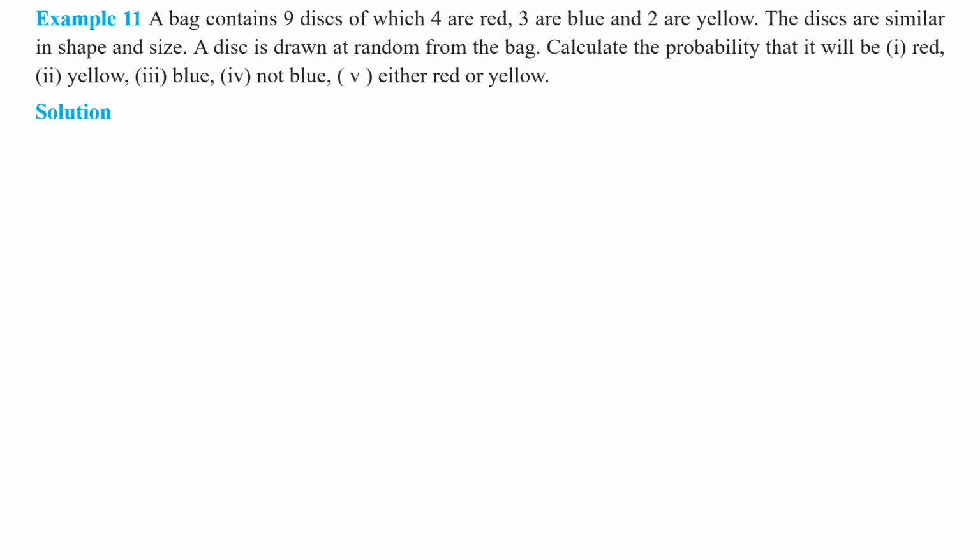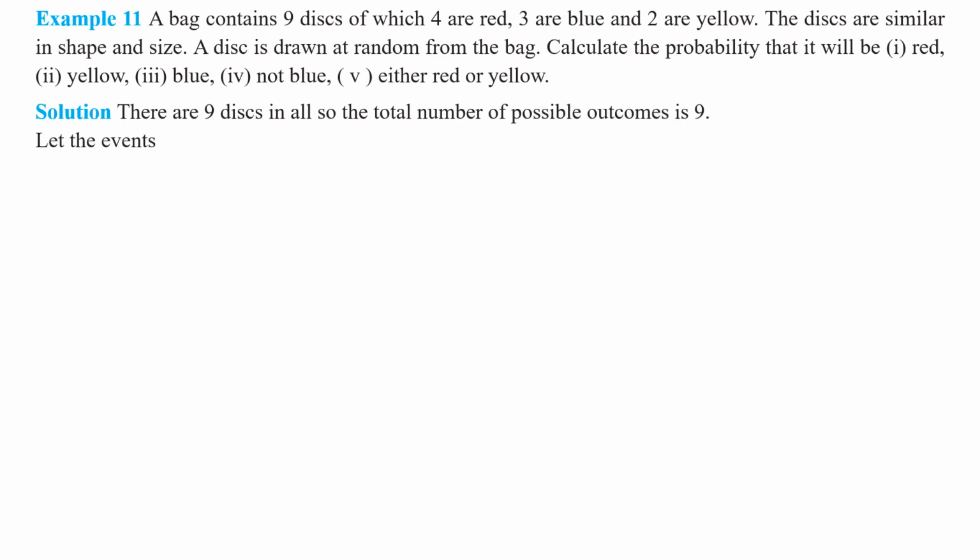Right. Now come to the solution part. There are 9 discs in all. So the total number of possible outcomes is 9. Yes or no, my children? This is nothing but n of S, number of sample points in the sample space. Let the events A, B, C be defined as follows.